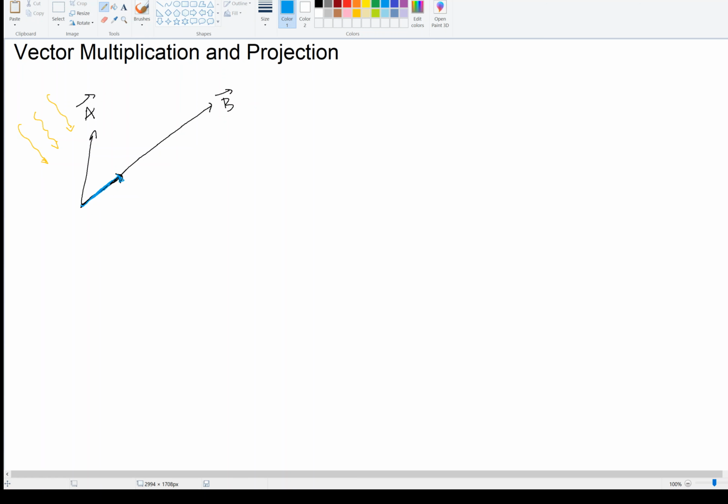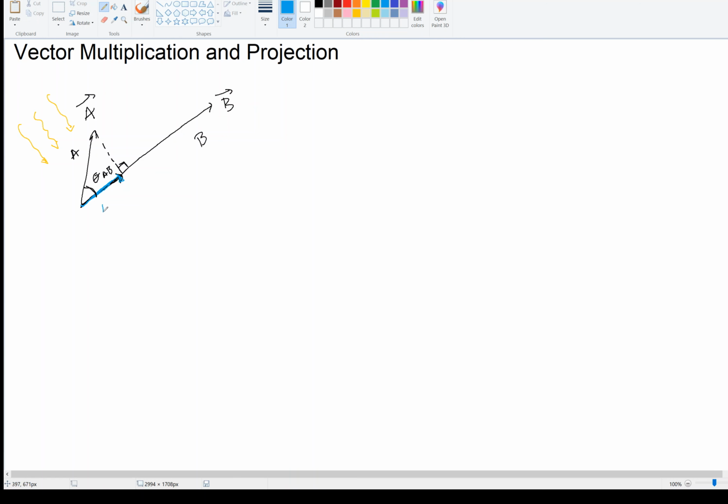All right, so let me define a couple things here. Let's say B has a length B and A has a length A as usual, and the angle in between them is theta AB, like that. And this makes a right triangle. So what I want is this thing in blue.